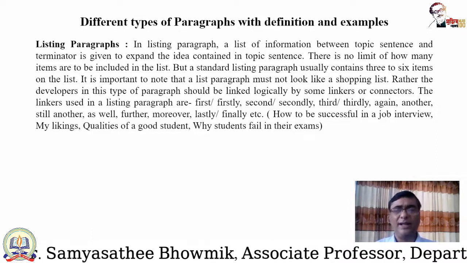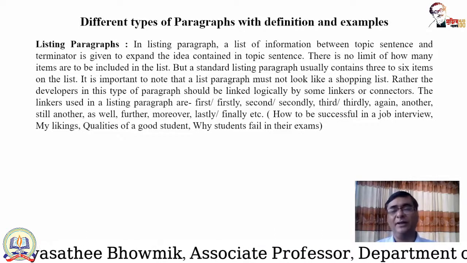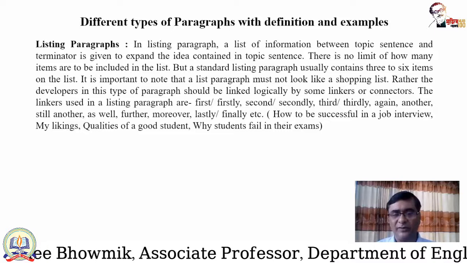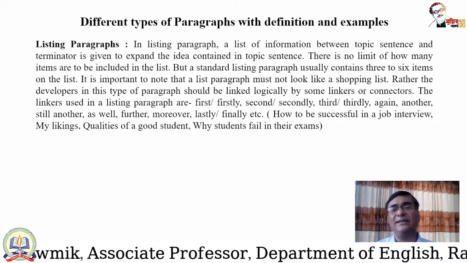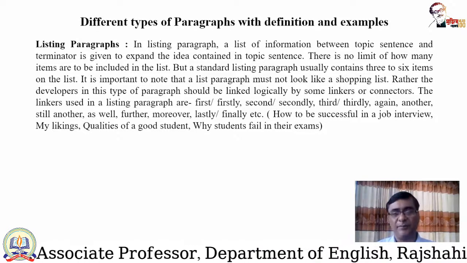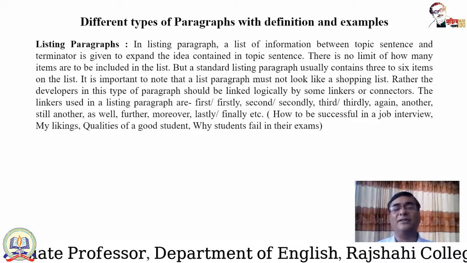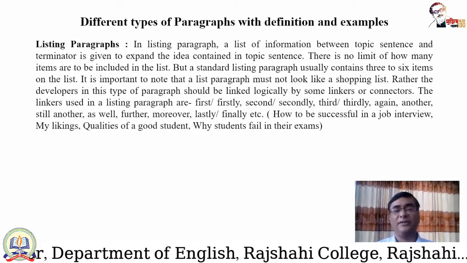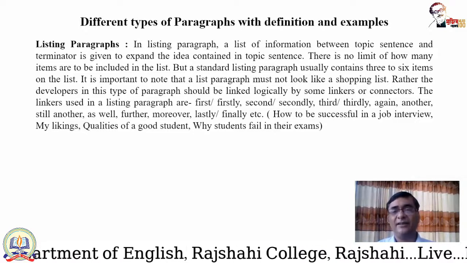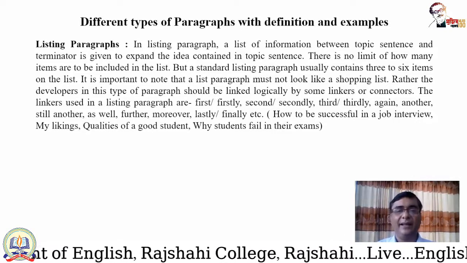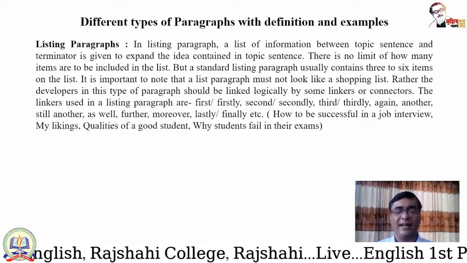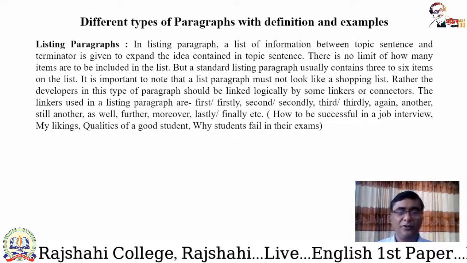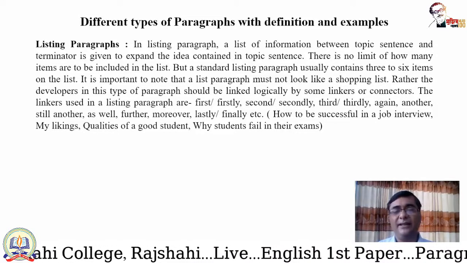When you give a list, it's not like a shopping list, obviously, so you will feel the necessity of using some connectors. And what kind of connectors are basically used in listing paragraph? The connectors are firstly, secondly, thirdly, again, another, still another, as well, further, moreover, finally, besides.